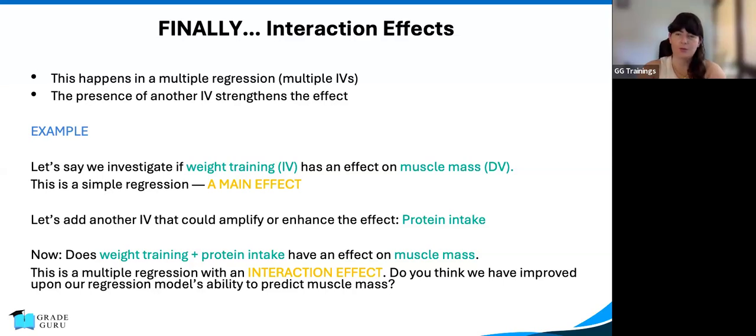So now when we do a multiple regression, we'd include both. Does weight training and protein intake have an effect on muscle mass? This would be a multiple regression with an interaction effect. Do you think that we just improved upon our model's ability to predict muscle mass? What do you think?